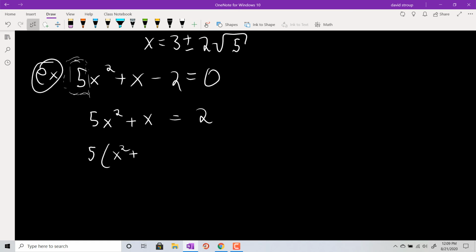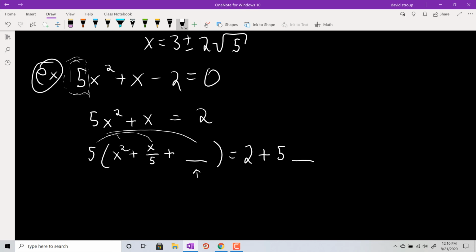How do I factor 5 out of that x, right? It's x over 5. And then we'll add in our thing that completes the square inside of there. And on the other side, when I add it back in, I have to also multiply it by 5, because whatever I've added in on the left-hand side, it's being multiplied by 5.